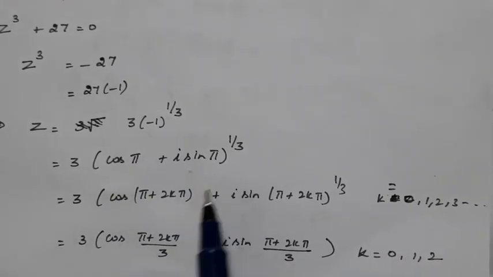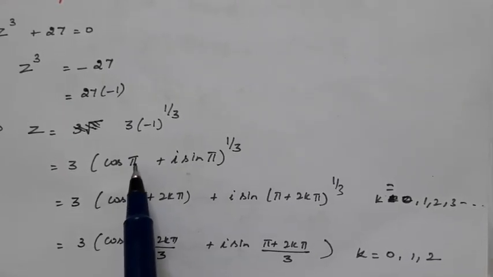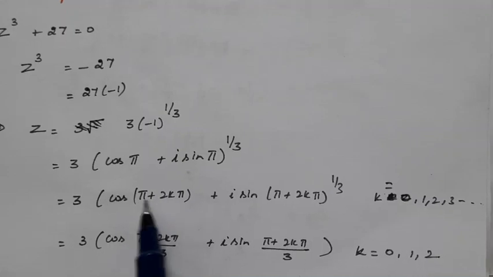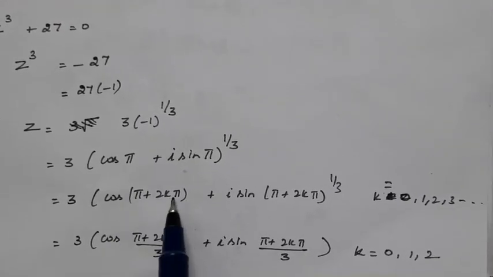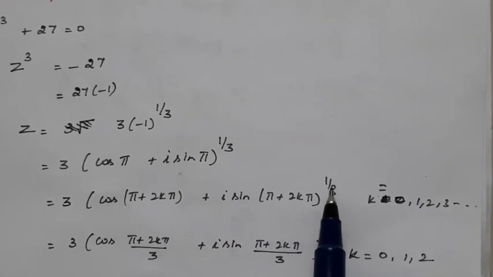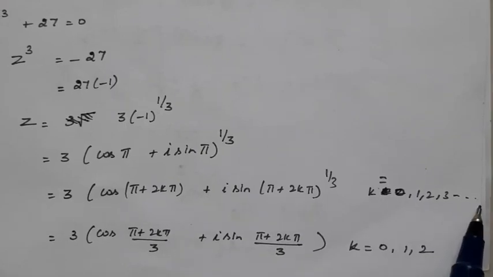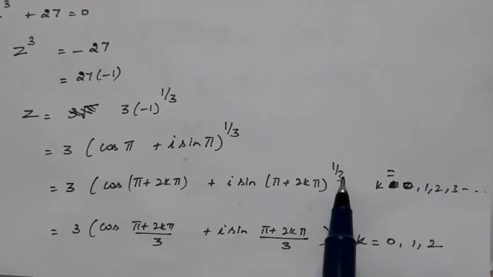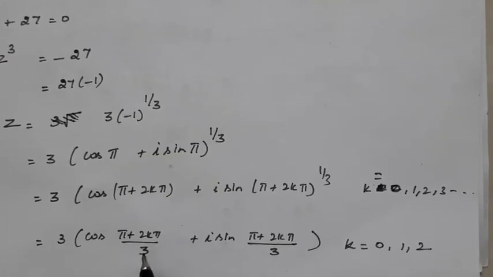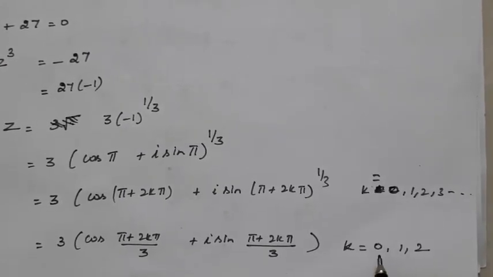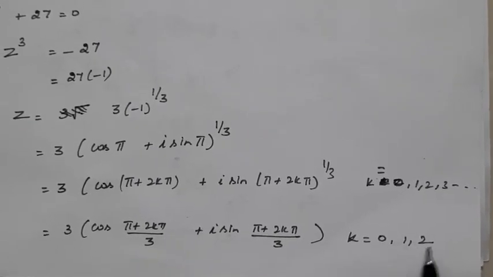Before applying the power 1 by 3 by de Moivre's theorem, since this is the principal argument, we have to write down the general form by adding 2k pi. So cos of pi plus 2k pi plus i sin of pi plus 2k pi, the whole to the power 1 by 3, where k is equal to 0, 1, 2, 3 etc. Here k can take any value, it is not restricted. After applying the power 1 by 3 by de Moivre's theorem, the value of k gets restricted to 0, 1, 2, because even if you substitute 3, 4, you will get the same 3 values.